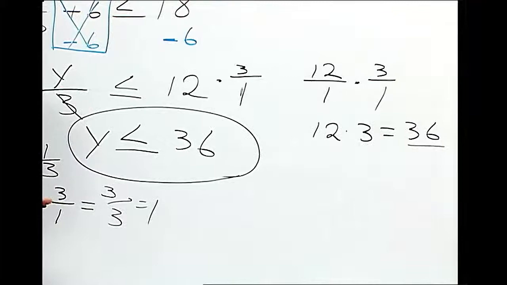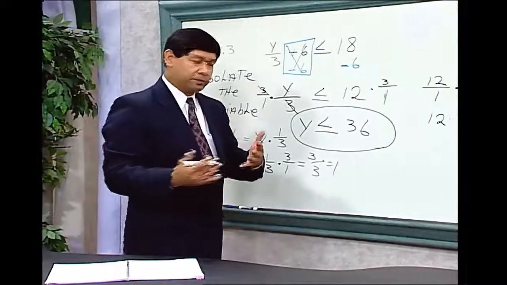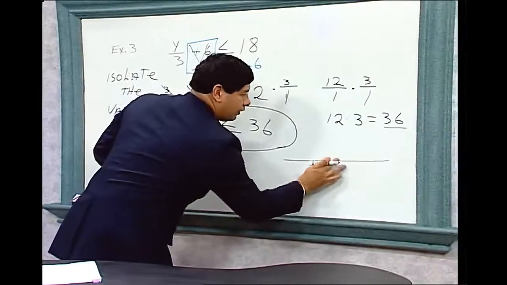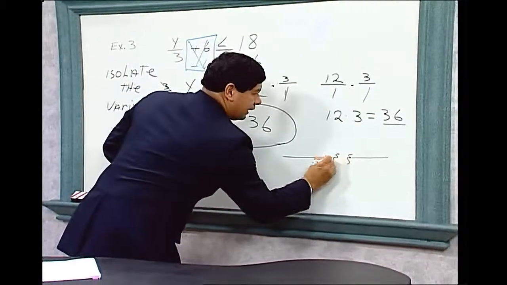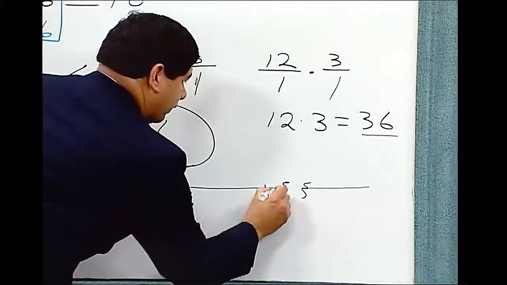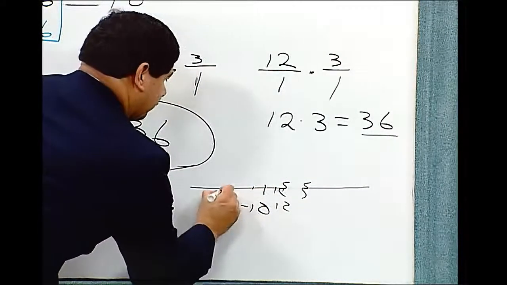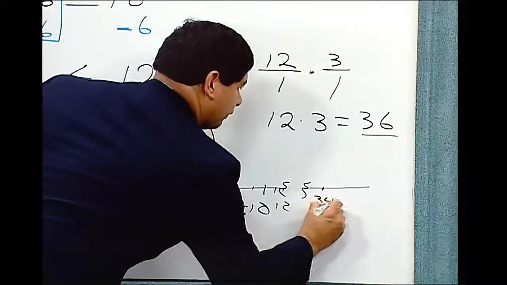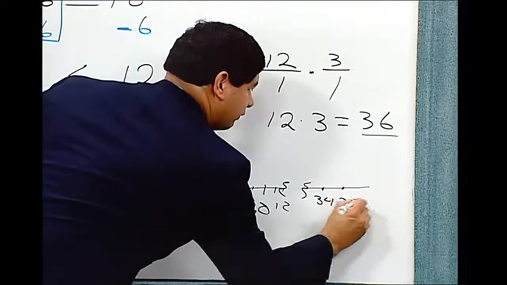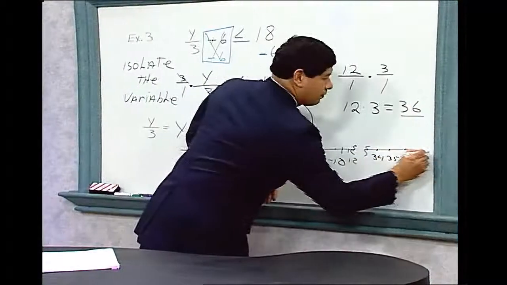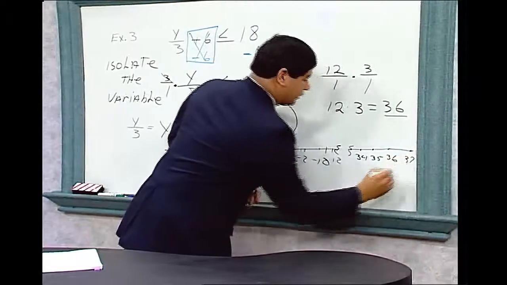Now let's demonstrate this on a number line. We're going to create an abridged number line. We have a number line, this is 0, and then I have this to indicate part of it has been taken out. So we have 1, 2, -1, -2. Now let's start at 34, 35, 36, 37.